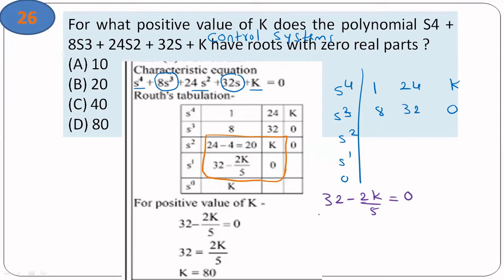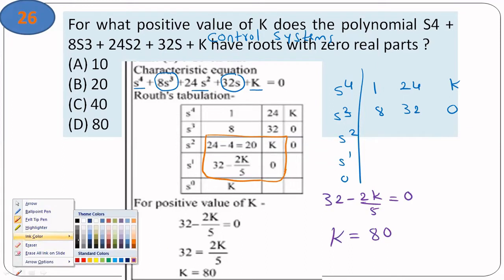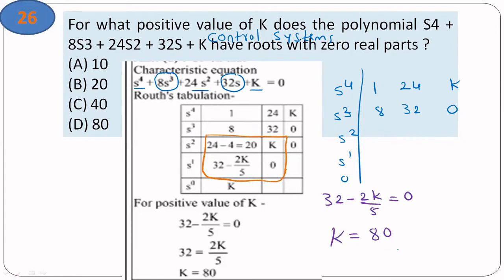Now simply we have to solve for this. If you can solve for this, then we'll get the answer for k as 80. This is the required solution, and you can mark this as option B.